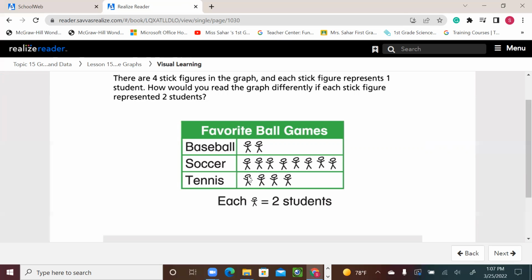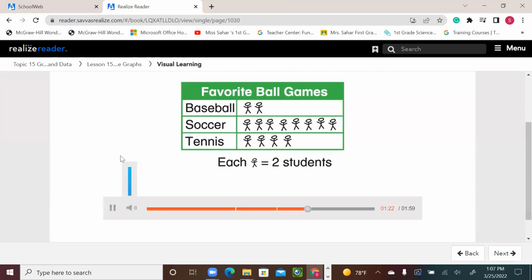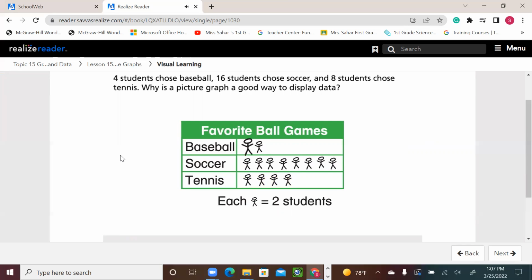And then for tennis, I have 2, 4, 6, 8. So each stick figure stands for 2 students. 4 students chose baseball, 16 students chose soccer, and 8 students chose tennis.